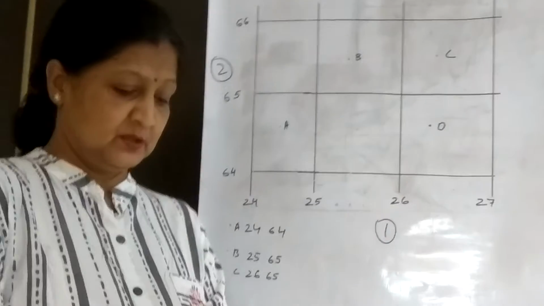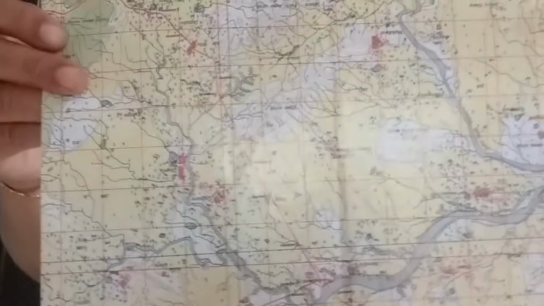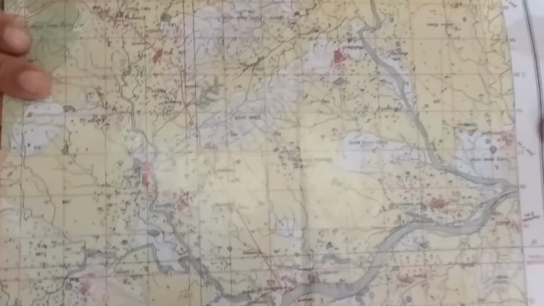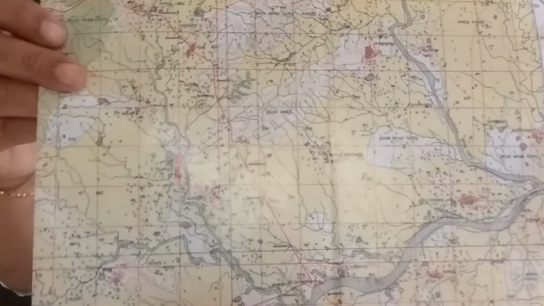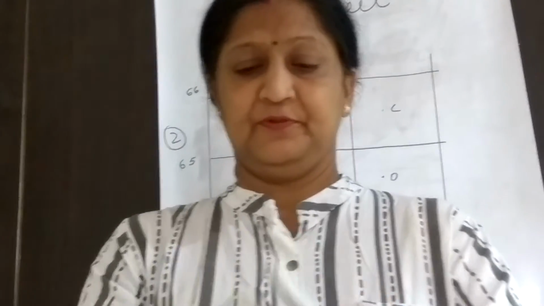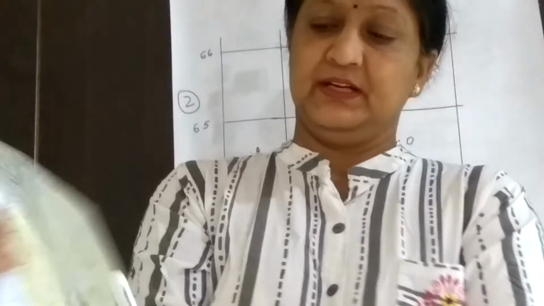In the topo sheet, if you see, there are red lines. These red lines make the grid. The red square lines are there, vertical lines and horizontal lines. Also, the values are written at the side of the topo sheet, horizontally and vertically.